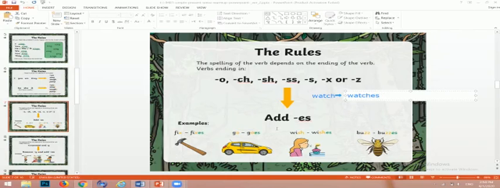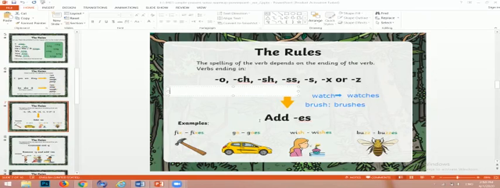Again, if we have a verb that ends with O, CH, SH, SS, S, X, or Z, we add ES to the verb. Like fix. Here, you can see there is X at the end of the verb. So we will add ES. Okay?